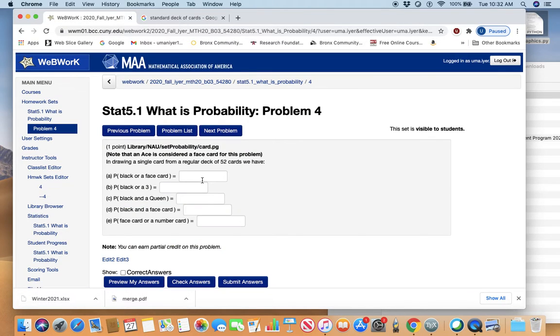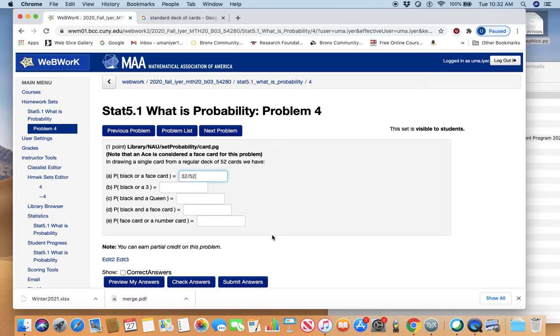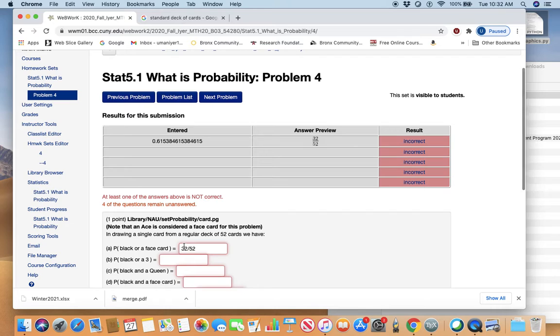So it will be 32 over 52. Now here I do have to worry a little bit. Sometimes people call aces face cards, but I wouldn't call them that. Submit and check for yourself. It is incorrect. So let's add the two more aces. So let's say 34.